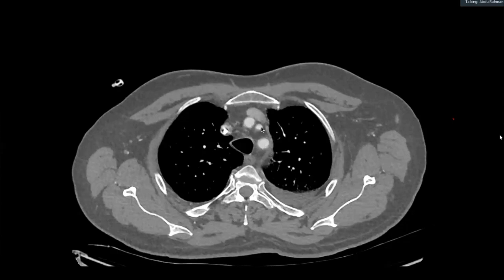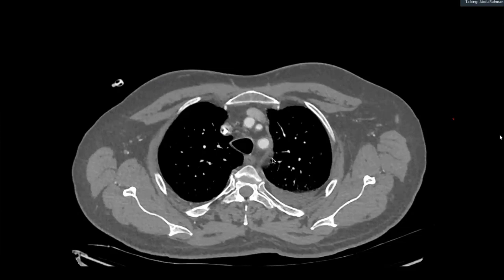So left subclavian artery, what's this one? Okay, all right, so this is the left subclavian artery. This is the left common carotid artery, and this is the brachiocephalic or the innominate artery. So this is the conventional aortic arch anatomy.